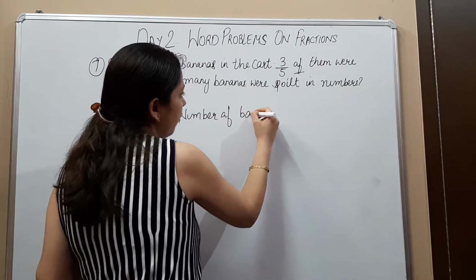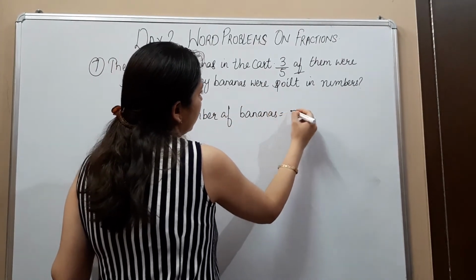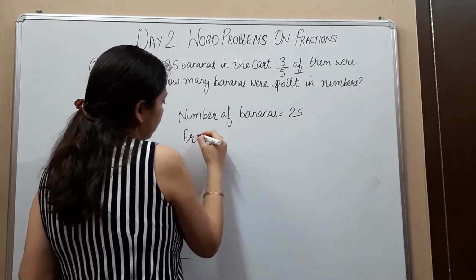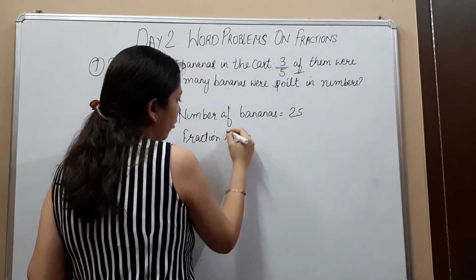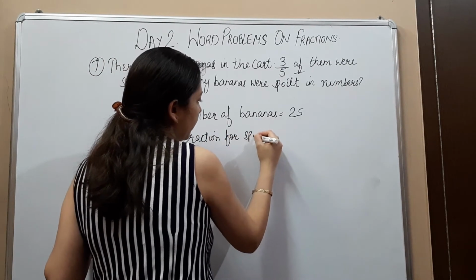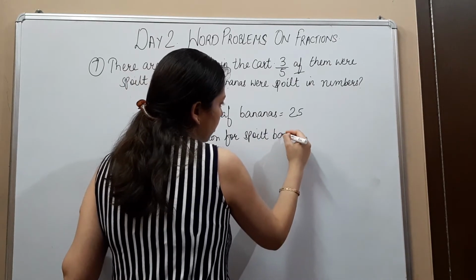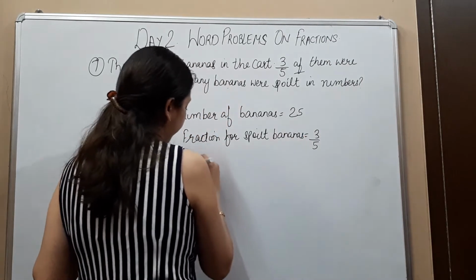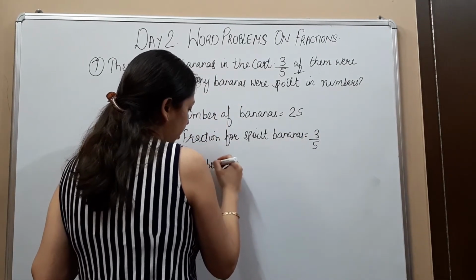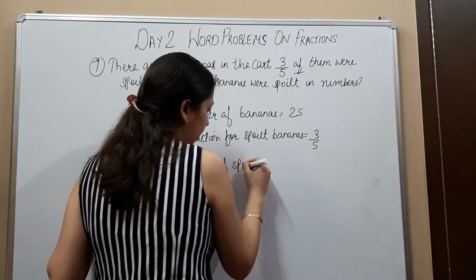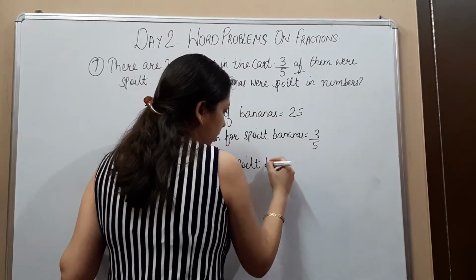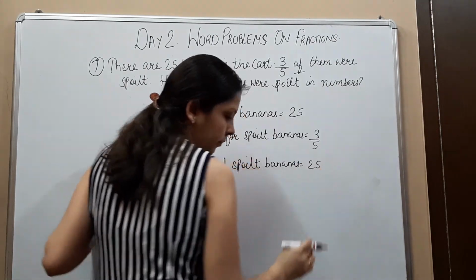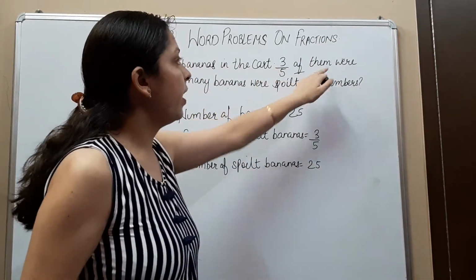See, number of bananas is 25. Fraction for spoiled bananas is 3 by 5. Then number of spoiled bananas is, it is written 3 by 5 of them.